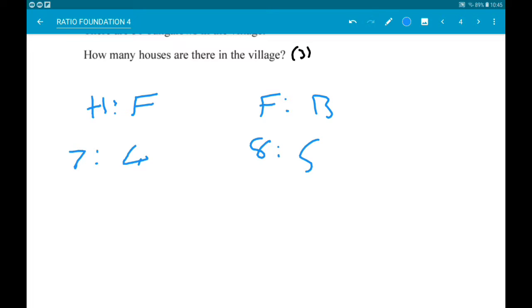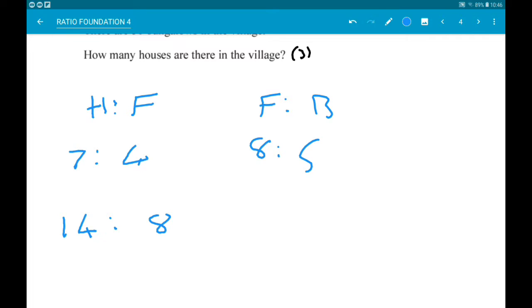Now we need to turn the flat part into the same number in each ratio. So 4 goes nicely into 8. So we need to multiply the left-hand ratio by 2. So we get 14 to 8.